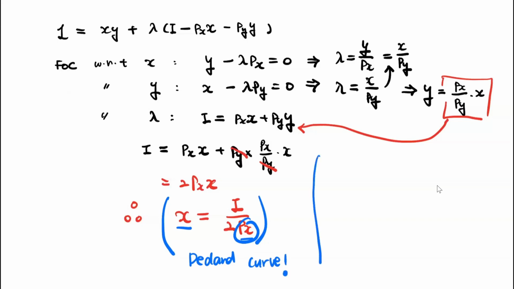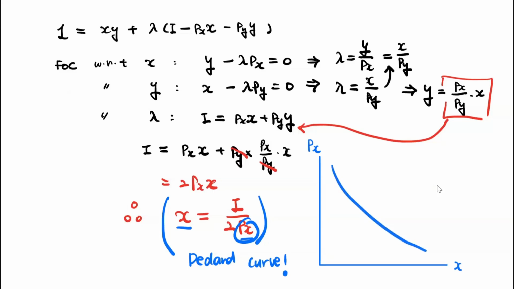And graphically, this is Px and x. As Px goes down, you can see that the number of goods consumed is going to go up. And this relationship is reflected on this line.